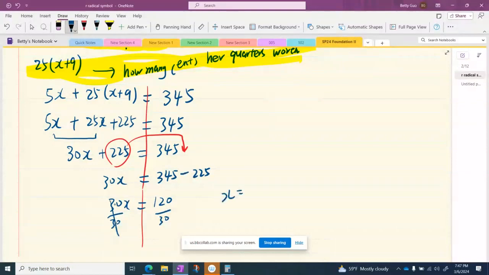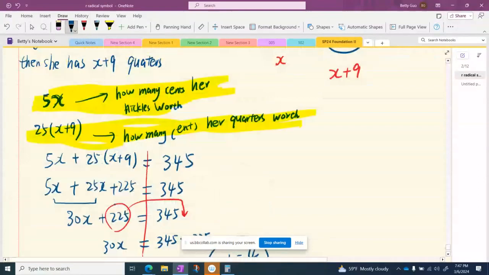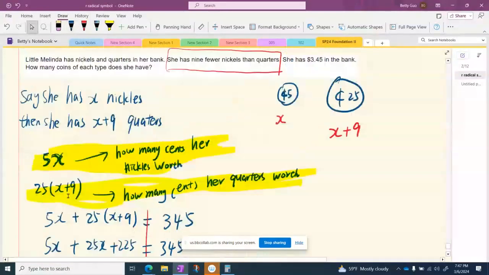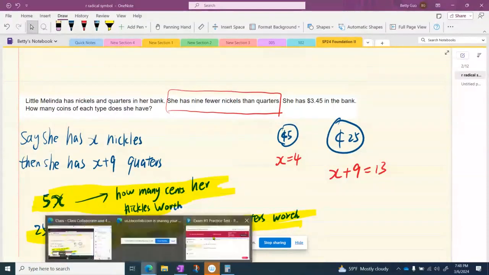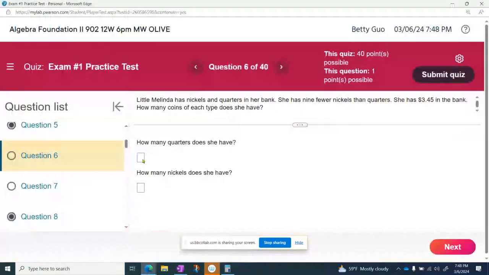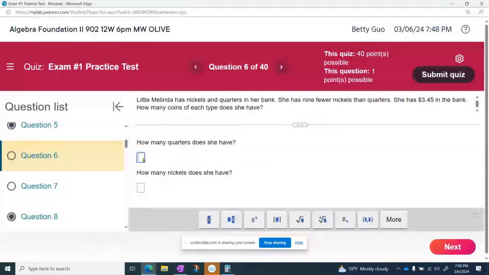We have x equals 4. So little Melinda has 4 nickels. 4 plus 9 is 13. So she has 13 quarters.